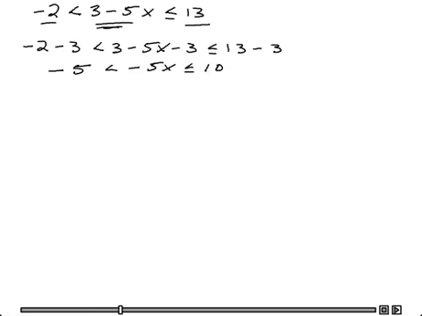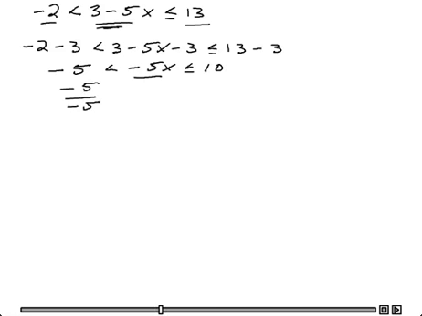At this point, we've now isolated the term with the x in it, the negative 5x. And just like we would if we were isolating the variable x, we're going to divide by negative 5. That'll give us a 1 coefficient. We have to divide all three parts by negative 5, and so we'll take minus 5 over negative 5, and here we have to remember we're dividing by a negative number.